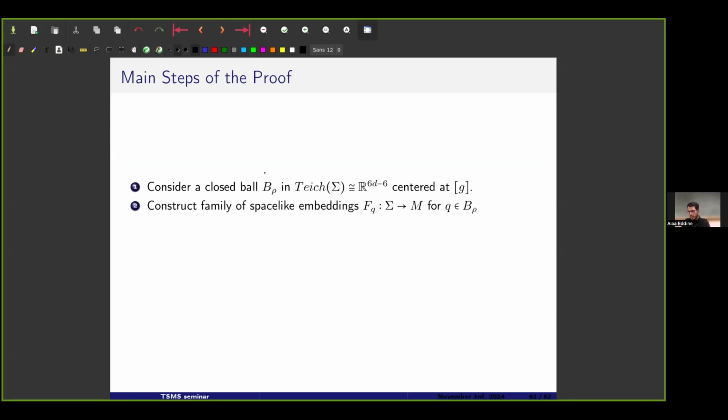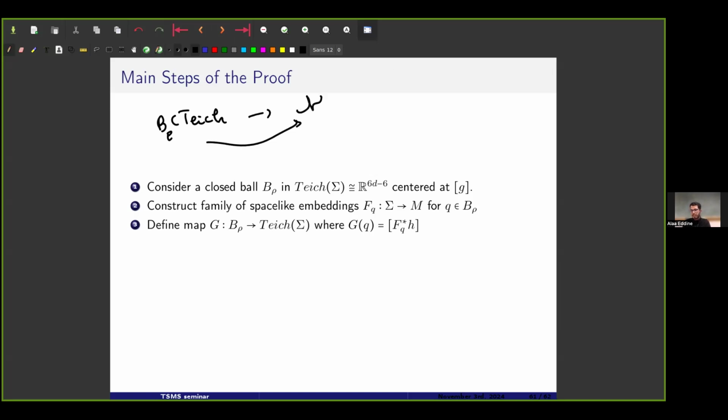And for each metric in this ball, we can find a space-like embedding which is epsilon close. So we have a map. We started with 0 in the Teichmüller space. We can find a section inside the space of metrics. So we have a set of metrics. I will call it 0 also, or 0 tilde.